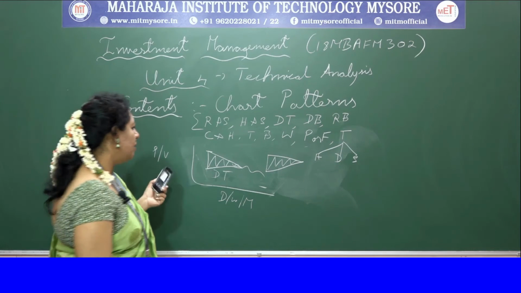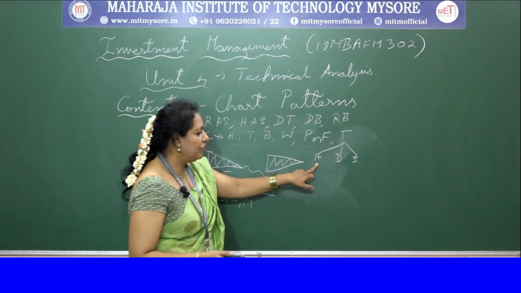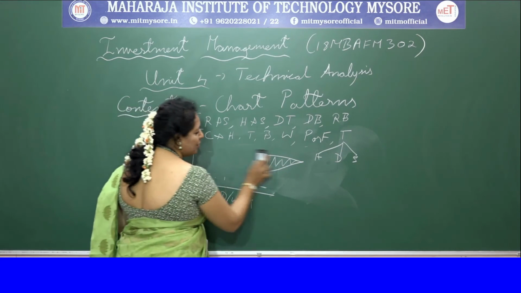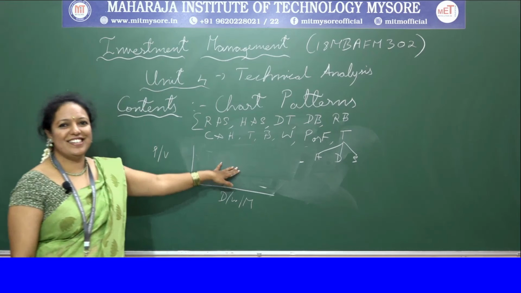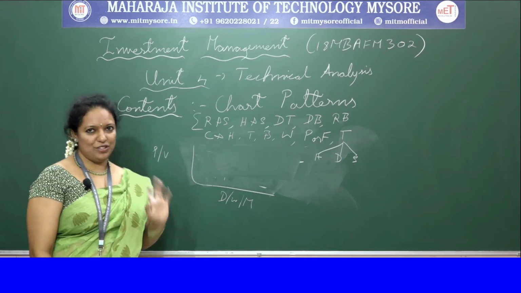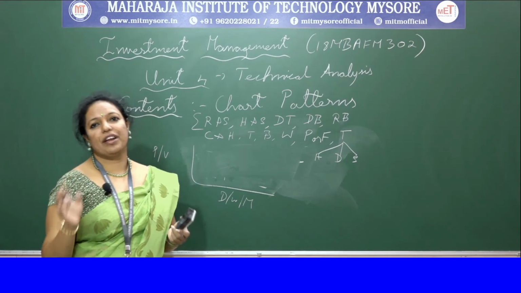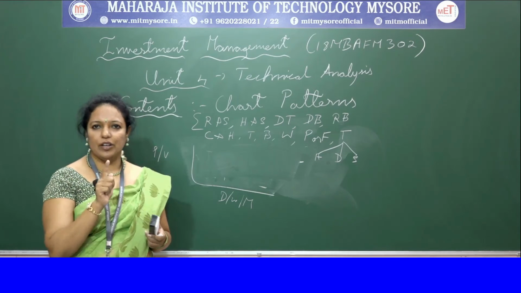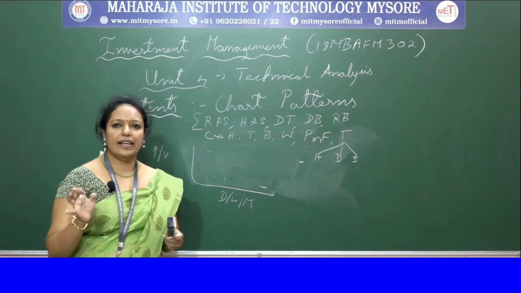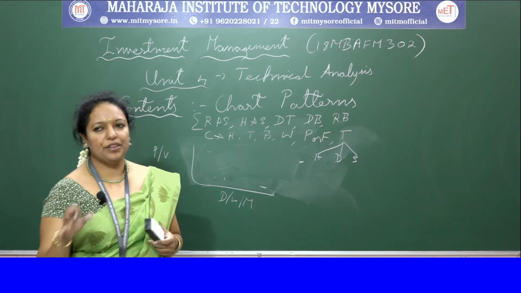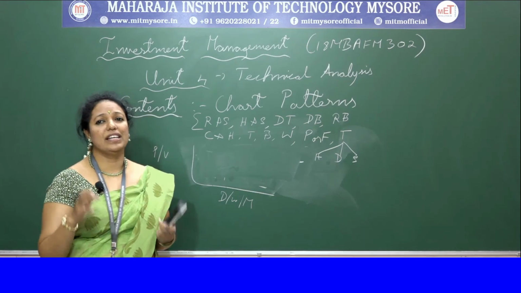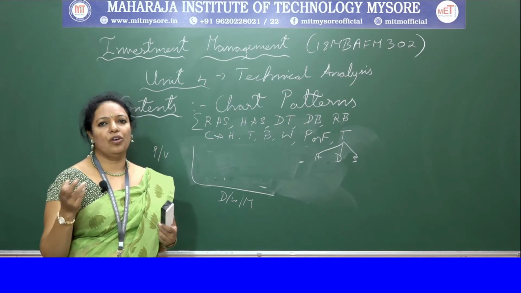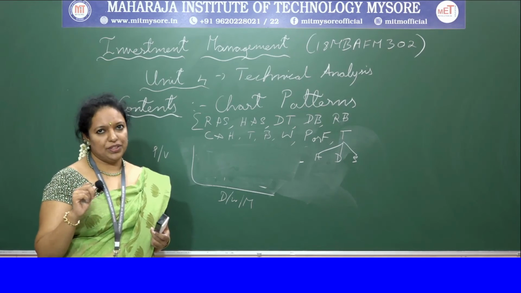Okay, next we have finished ascending and descending, let's see what is a symmetric triangle. So a symmetric triangle is the in-between position of these two triangles. The symmetric triangle pattern can be either bullish or bearish depending on the market. In either case it is normally a continuation pattern, which means the market is usually continuing in the same direction in which the overall trend or pattern has moved.